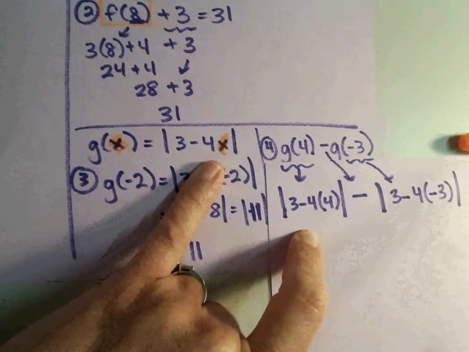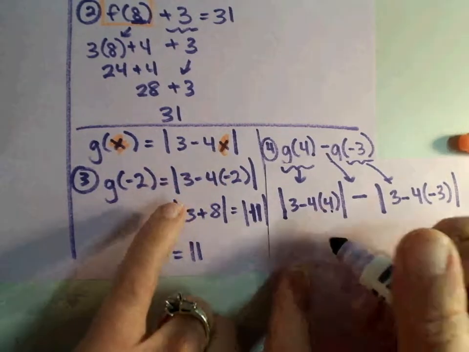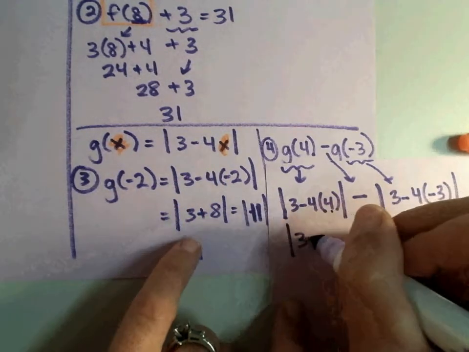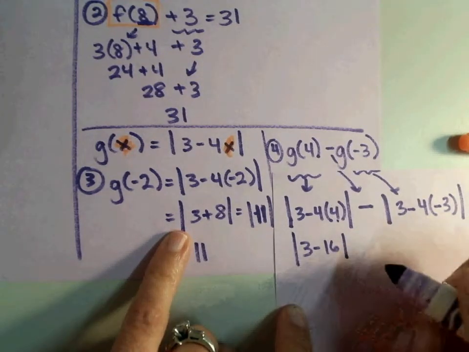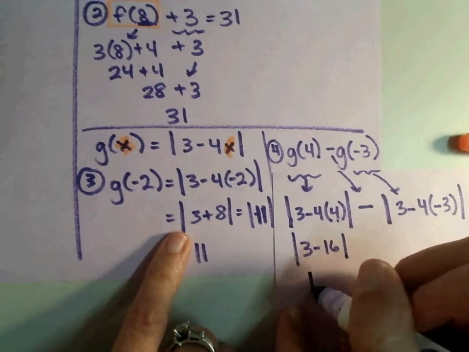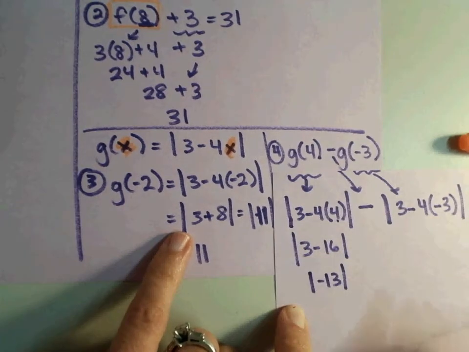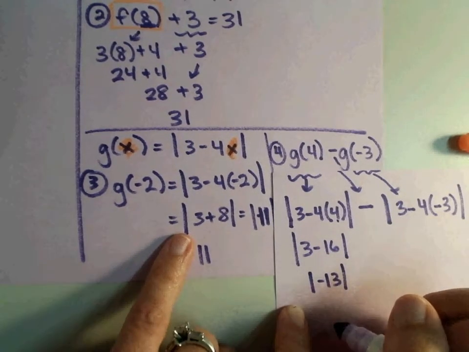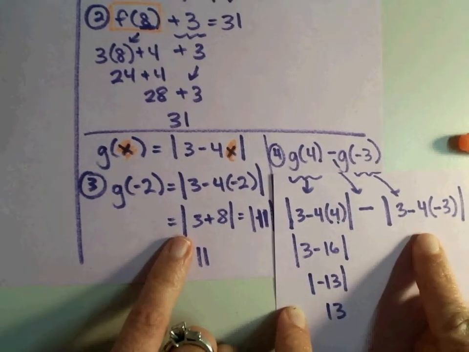All right, so each one individually here. Negative 4 times 4 is negative 16, so it's the absolute value of 3 minus 16. And 3 minus 16 is the absolute value of negative 13. How far is negative 13 from 0? 13. All right, over to this side.